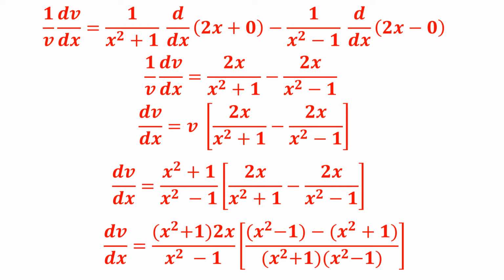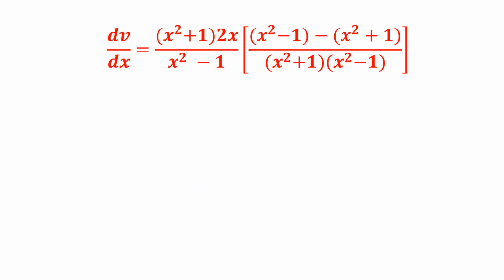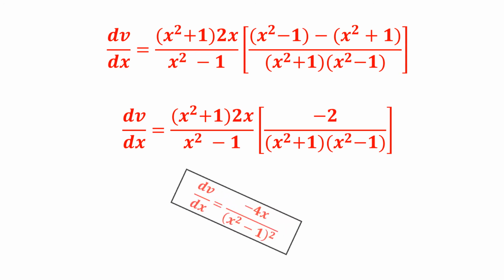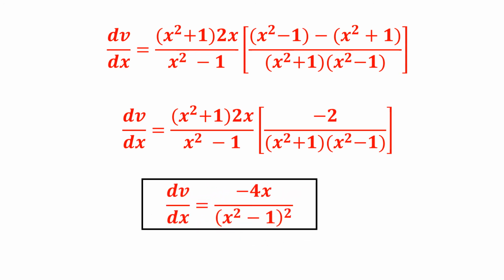Let us see what it will get simplified to. (x² − 1) minus (x² + 1). x² will get cancelled, and you will get minus 2 in the numerator. Therefore, by cancelling x² + 1 and then rearranging the terms, it can be written as −4x/(x² − 1)². This is the maximum simplification possible. We call it equation number 3.